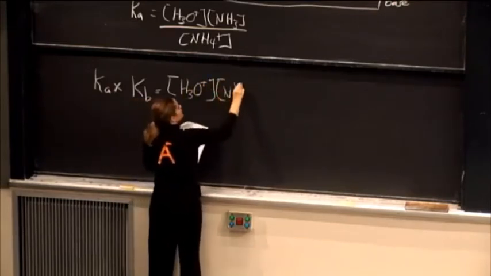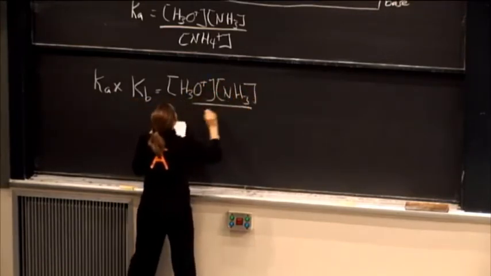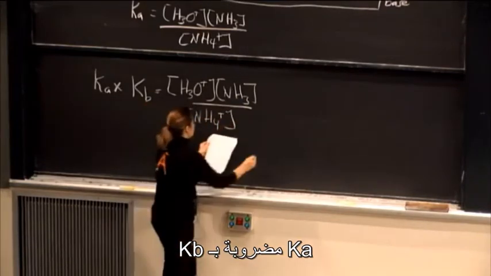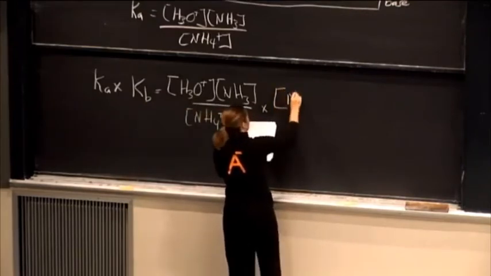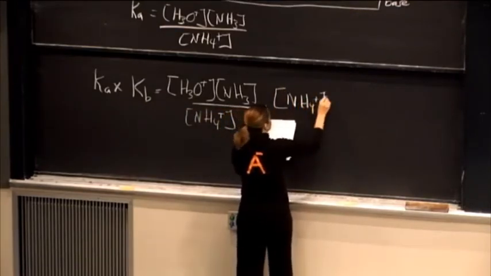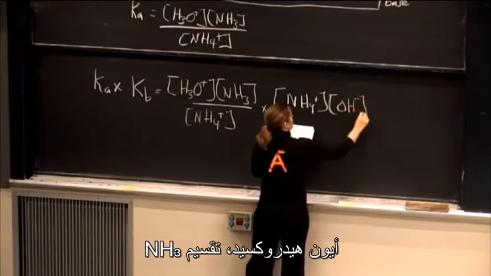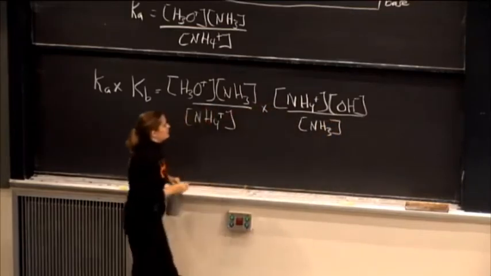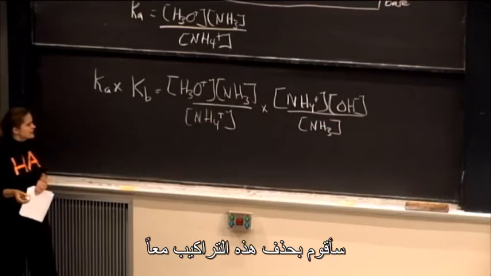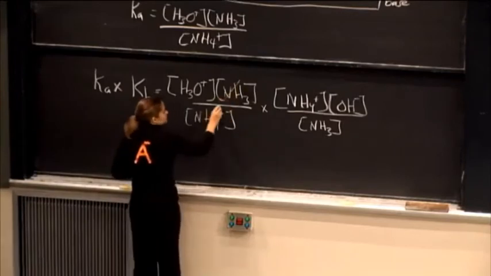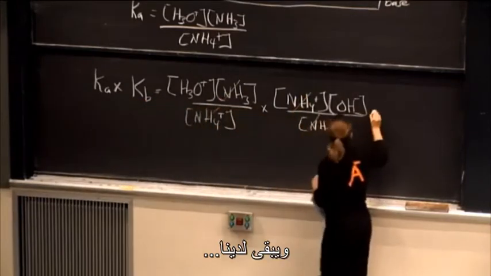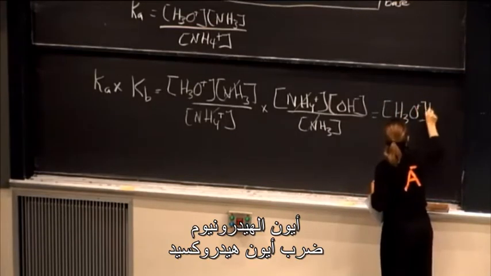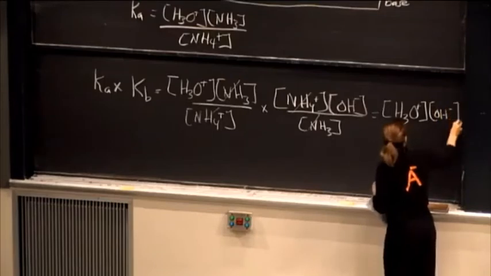Ka, just copy from above, times Kb, hydroxide ion over NH3. And things are going to cancel out. And so I'm left with hydronium ion and hydroxide ion.